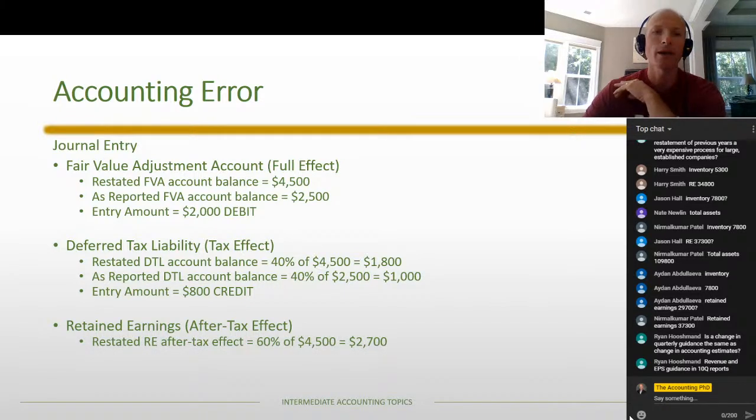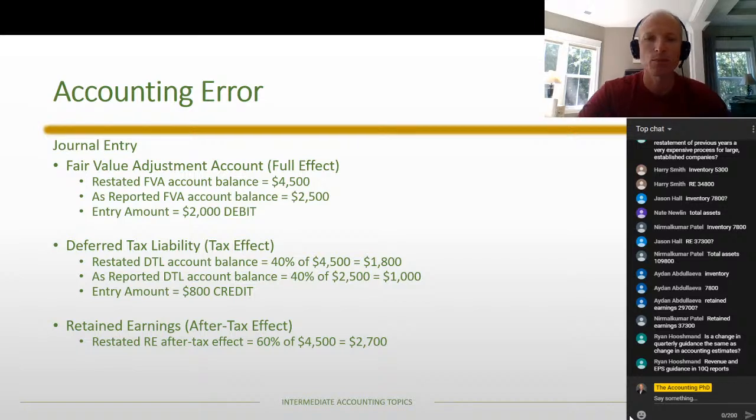So let's talk about that. So first of all, the restated balance in the retained earnings account would be that $4,500, which is the full effect on income, less the tax. Remember, there would be an income tax expense on whatever that unrealized holding gain or loss is. There's a tax expense related to that, which means there's an after-tax effect on retained earnings.